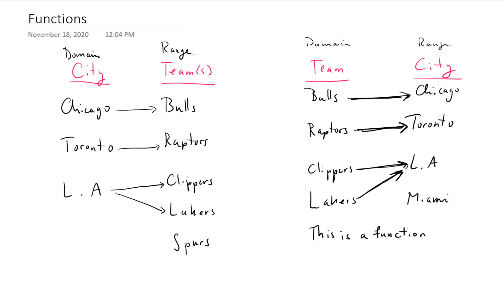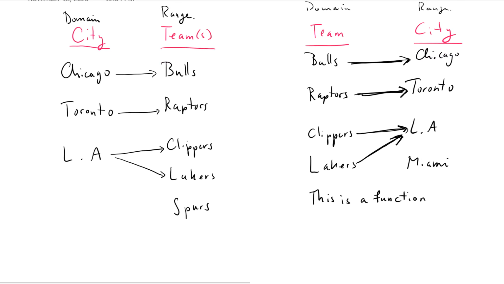Okay, and a function is basically a correspondence which assigns to every element in the domain, here any team in the domain, a single element in the range. So a single city. On the left-hand side, this is not a function because LA is not assigned to a single element in the range, it's assigned to two. So this is not a function. It's a correspondence, it's a relationship between two sets, but it's not a function.